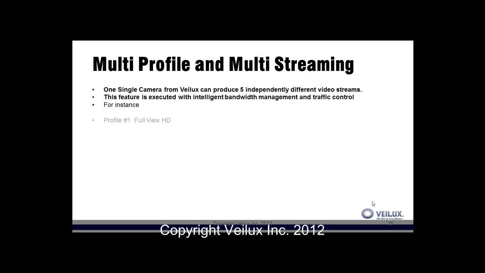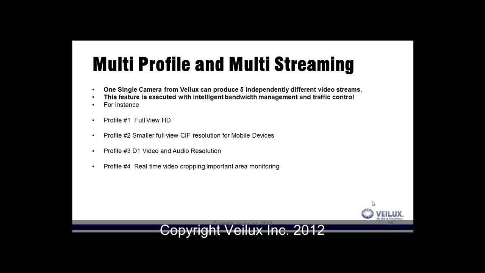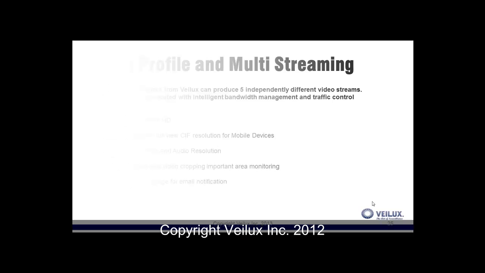For instance, Profile 1 Full View HD, Profile 2 Small View SIF resolution for mobile devices, Profile 3 D1 video and audio resolution, Profile 4 real-time video cropping, important area monitoring, Profile 5 photo image, or email notification.